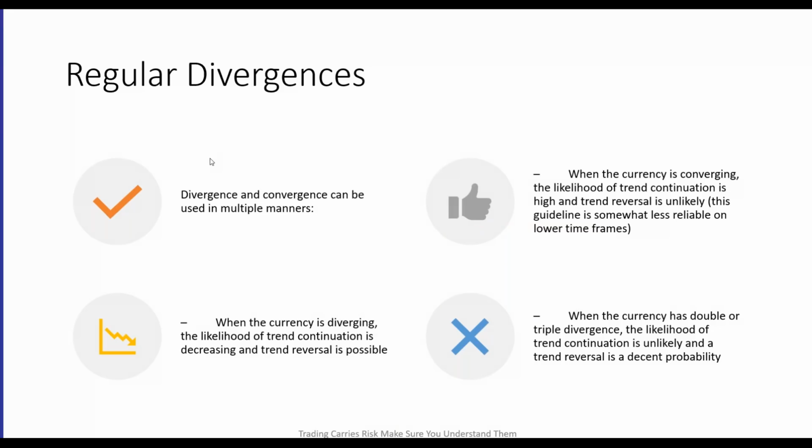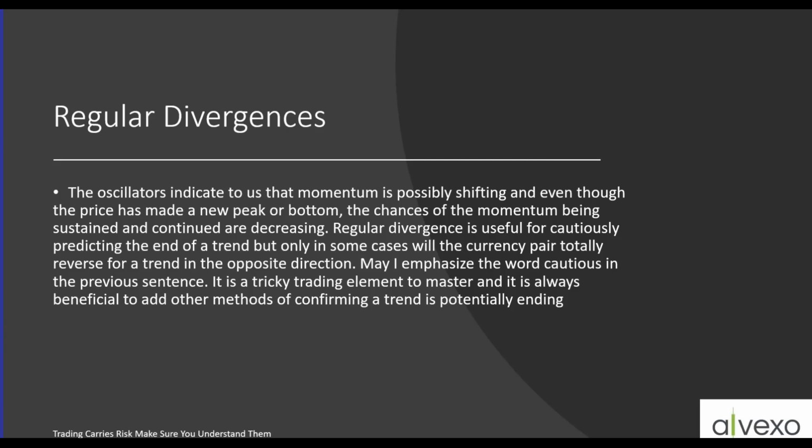So divergence and convergence can be used in multiple manners. When the currency is diverging, the likelihood of the trend continuation is decreasing and a trend reversal is possible. When the currency is converging, the likelihood of a trend continuation is high and trend reversal is unlikely. The oscillator indicates to us that momentum is possibly shifting.